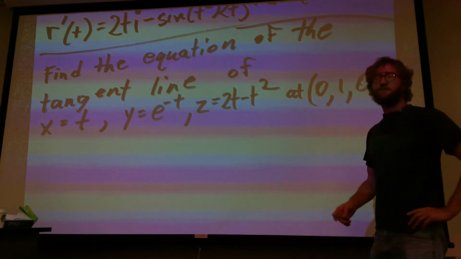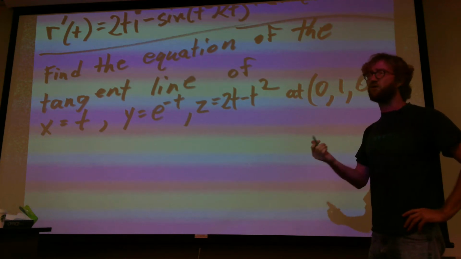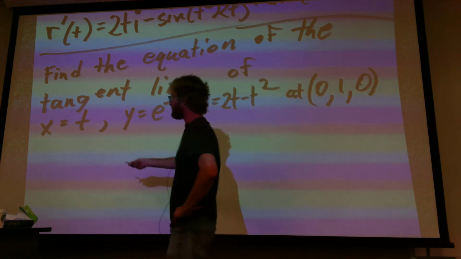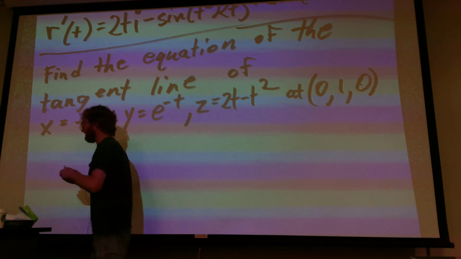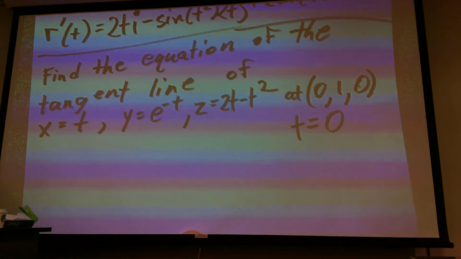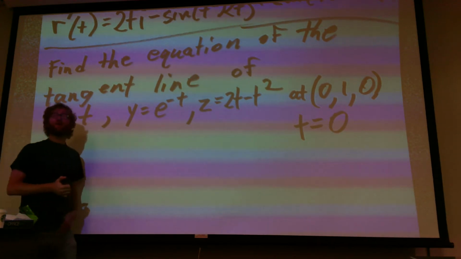For what t-value would we actually be at the point 0, 1, 0? This one's not too bad, because you just put 0 into this, and we get t equals 0. So at t equals 0, we will be at the point 0, 1, 0.